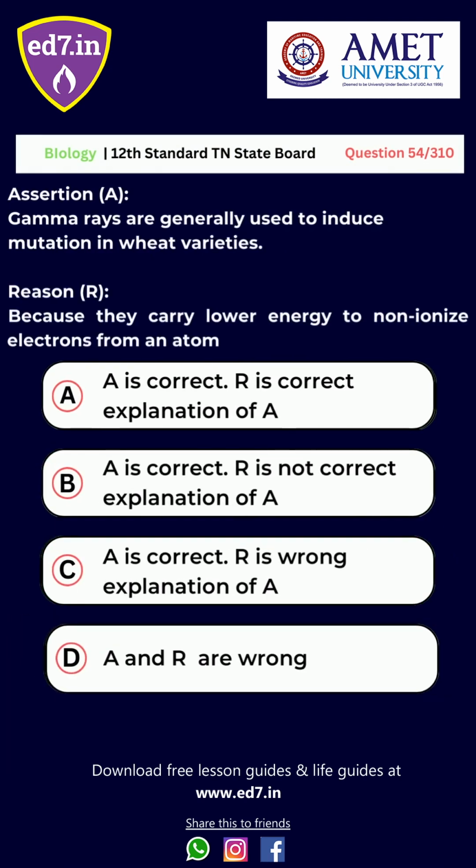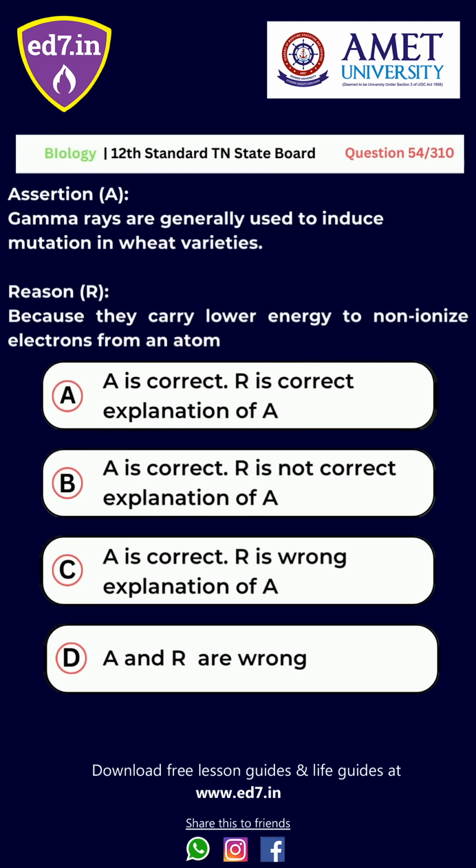Question number 54. Assertion. Gamma rays are generally used to induce mutation in wheat varieties. Reason. Because they carry lower energy to non-ionize electrons from an atom. Option A is correct.